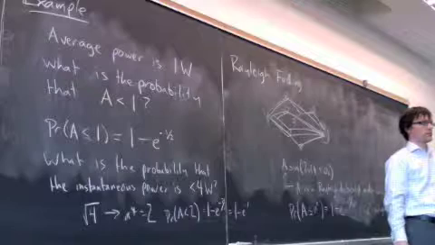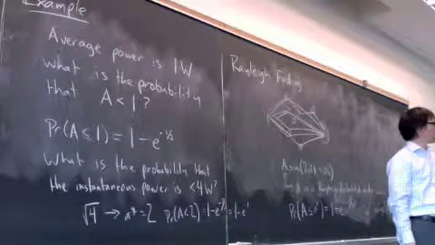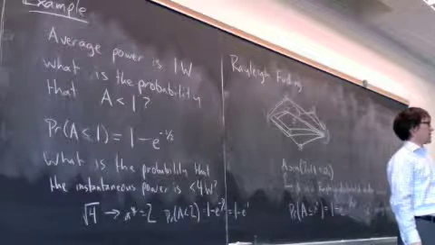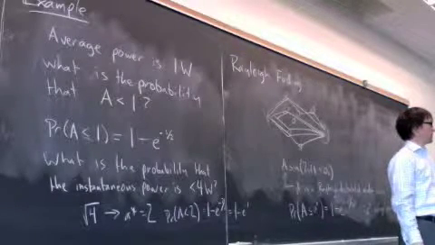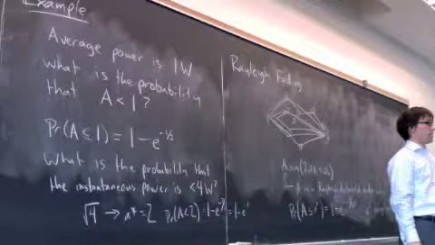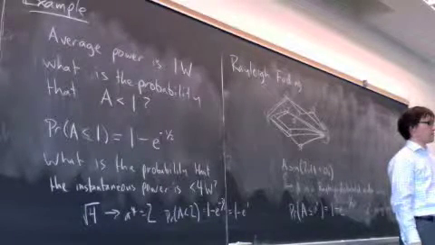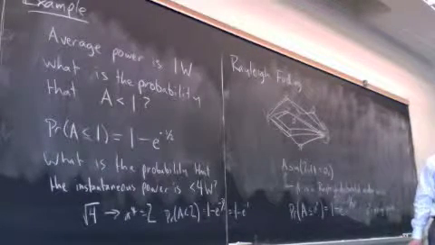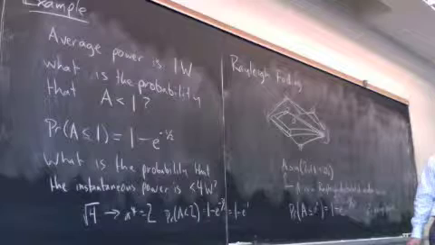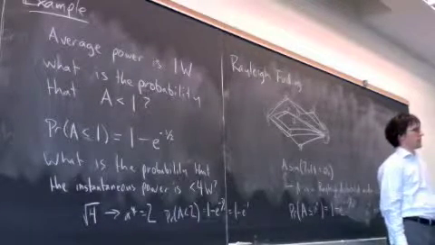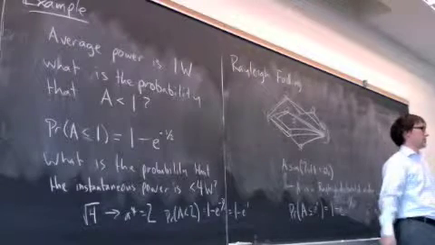Questions on that? A star is instantaneous power? A star is the instantaneous amplitude. So how are amplitude and power related? In this case, we're just going to argue that power is equal to amplitude squared.